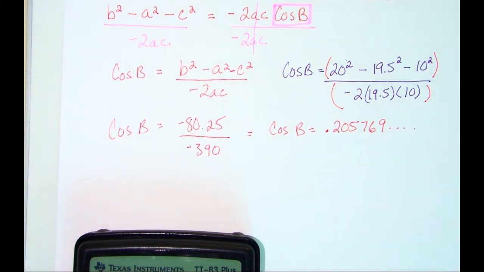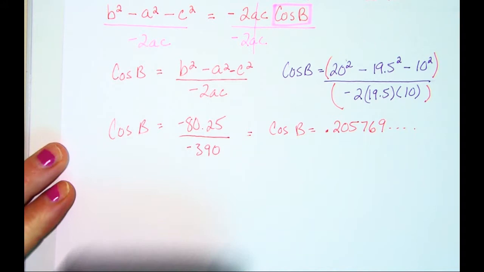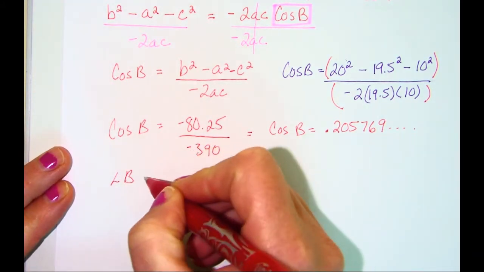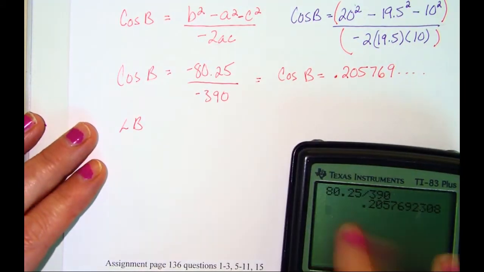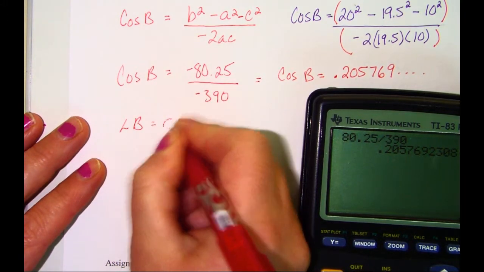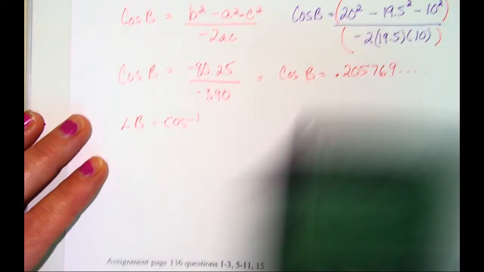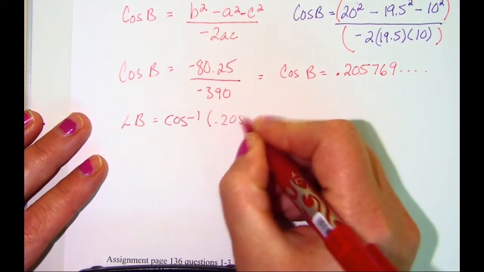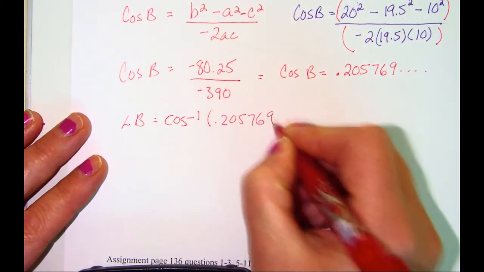How do I get B? Just angle B. Do a second function. So now I just need to do the second function. If I leave that in there, it's going to equal cos -1, that's the inverse function of this number, 0.20576, blah, blah, blah.